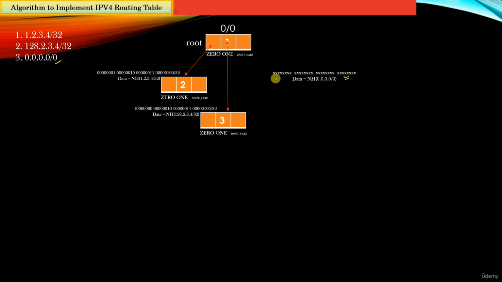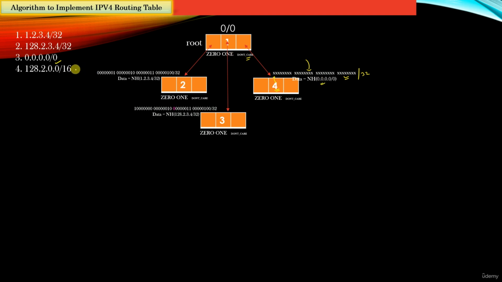So the first bit of this effective prefix is don't care. It simply means that you need to insert a new child node as the don't care child of the root node. For node number 4, the effective prefix is the following, and the prefix len would be 32, of course, I missed it, and the data part will point to the next hop of this route. So far the things are pretty easy and simple.